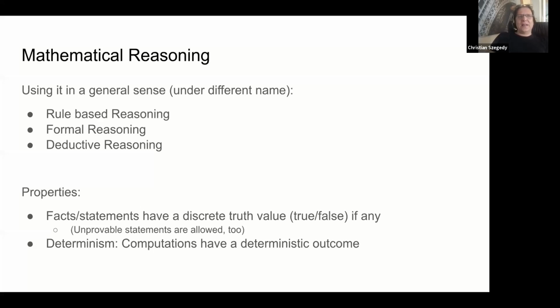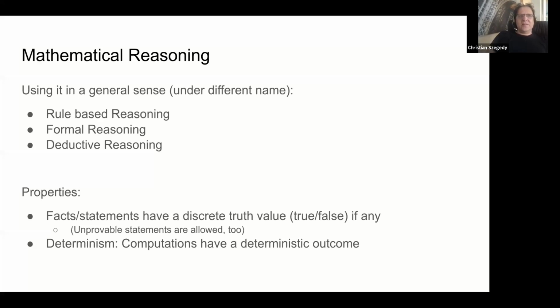So basically, if you have a logic checking engine in the computer, you have to write a computer program that can create a demonstration, a witness for the truth of a statement. Every statement has a discrete truth value, either true or false, or of course it can be unprovable.